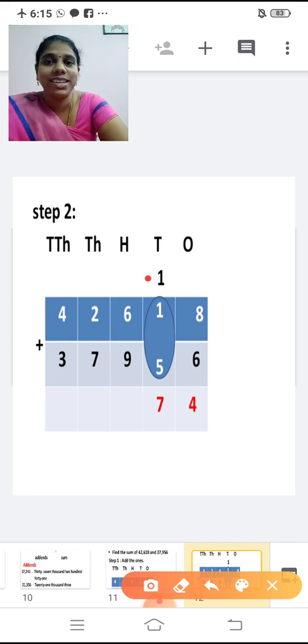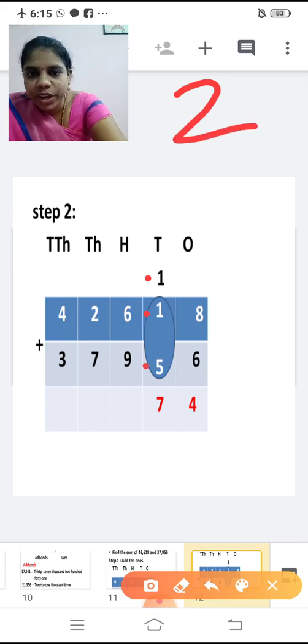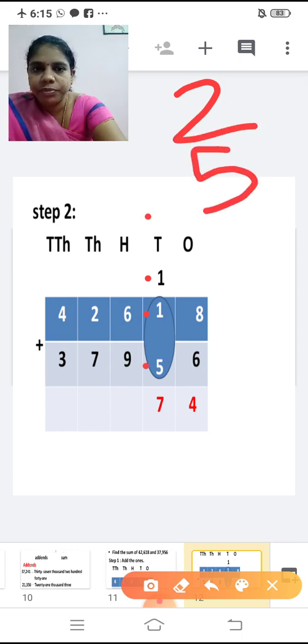Now we are going to add the tens place. Shall we add the tens place now? Yes. So don't forget to add the carry over. First take the two 1s. 1 plus 1 is 2. With this 2 we are going to add this 5.